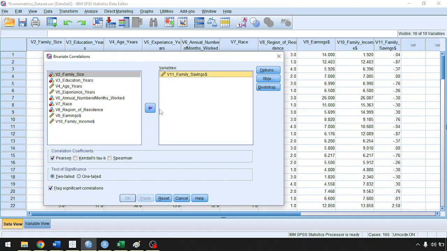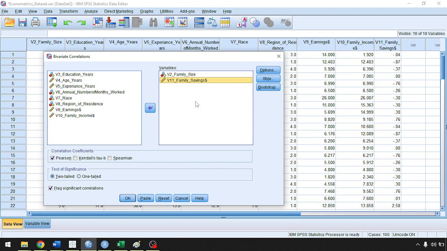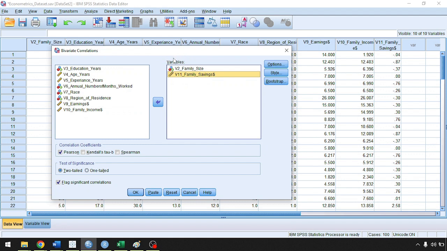So I'm going to use family size versus family savings. These are the two variables I'm going to test. Remember that Pearson needs to be checked because this is numerical data, number one. Number two, the assumption is that this is normal, which I've already tested.